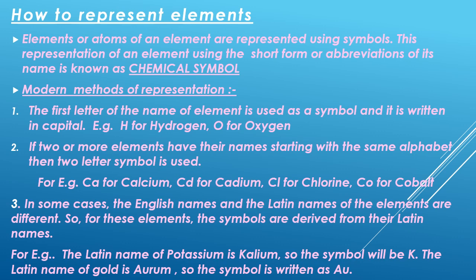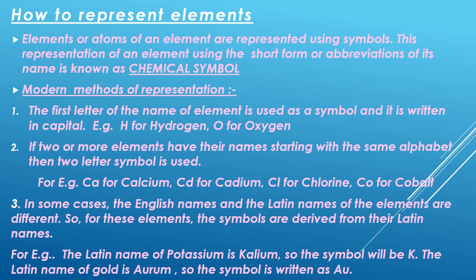Now, what happens if two or more elements have names that start with the same alphabet? Then the two-letter symbol is used. For example, calcium, cadmium, chlorine, cobalt. These are various elements whose first letter is the same, that is C. So the next letter will be used in the two-letter symbol.